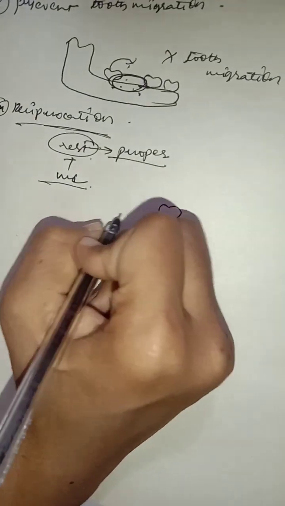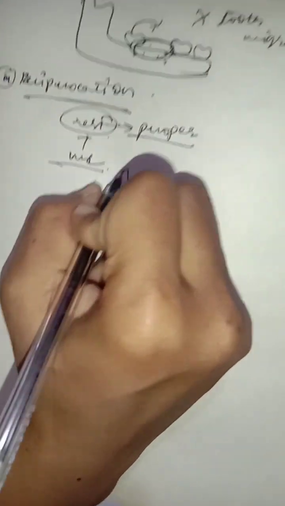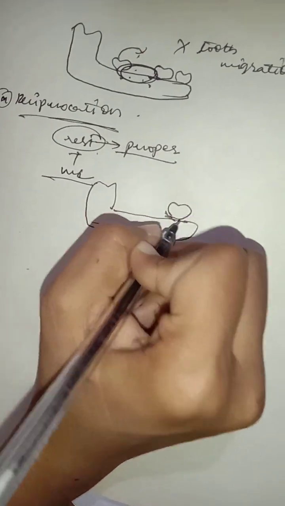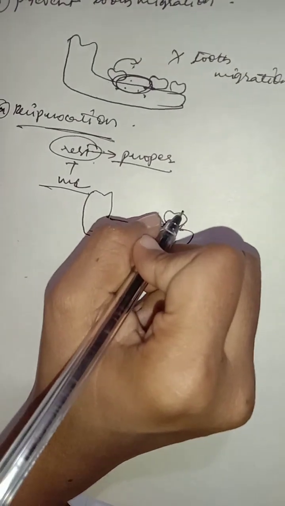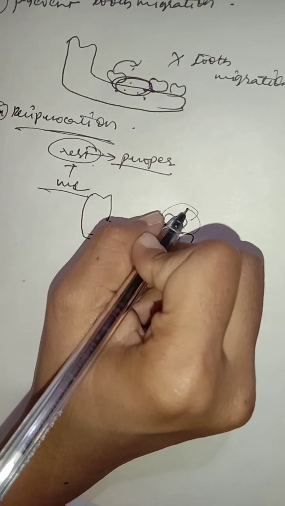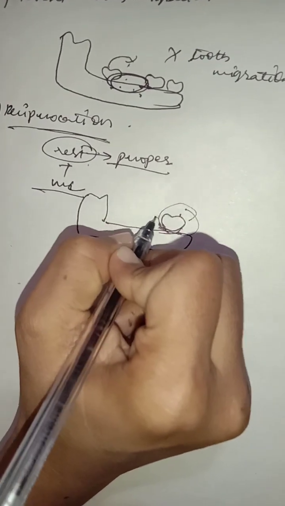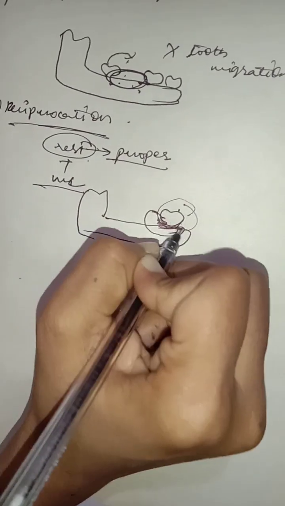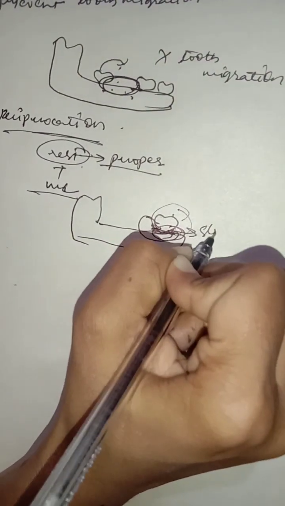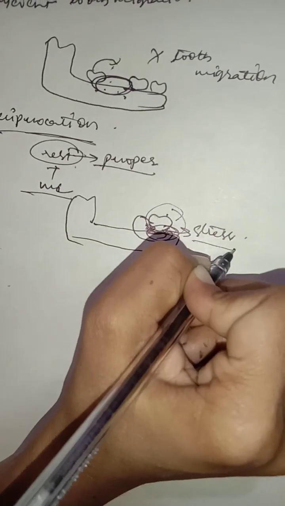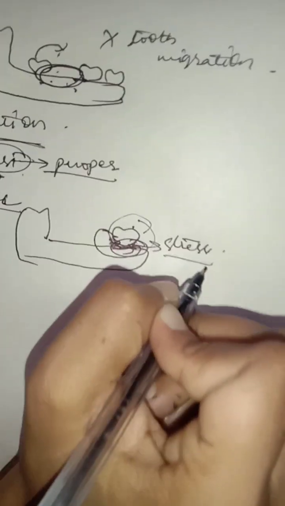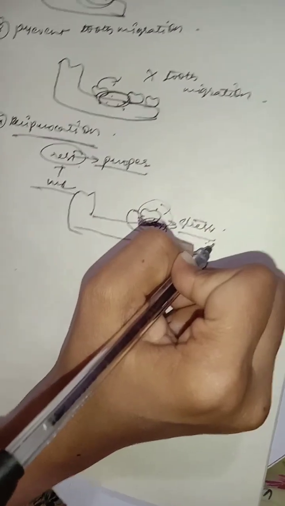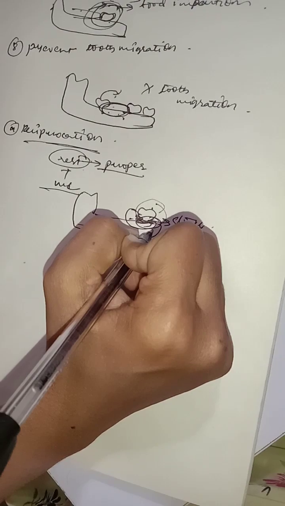This is the abutment tooth and this is the edentulous area. We have placed one rest along with the minor connector. The clasp has retentive arms, and the retentive arm will produce some stress, and the rest will reciprocate the stresses that can be generated by the clasp.